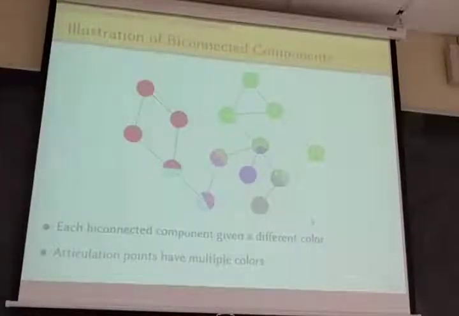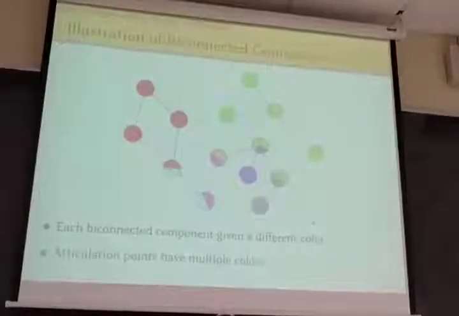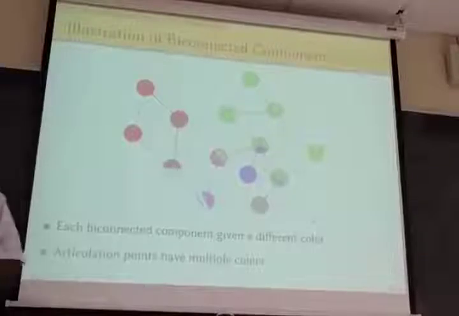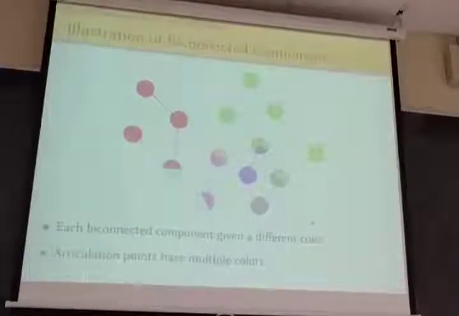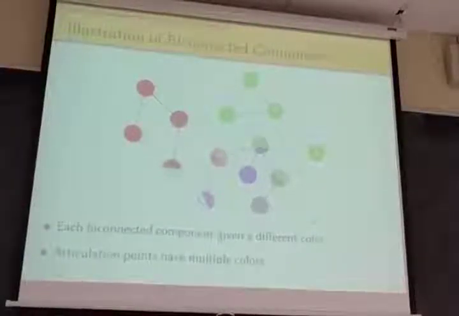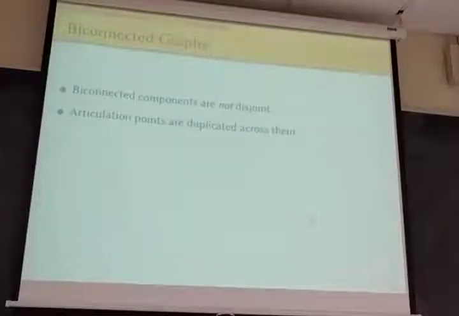So what we're going to do now is talk about how one might use a depth-first search to compute bi-connected components. Okay? So again, bi-connected components are not disjoint because the articulation points will lie between, they will connect these bi-connected components. And once again, because we are talking about bi-connectivity, let's assume that the graph is already connected, right?